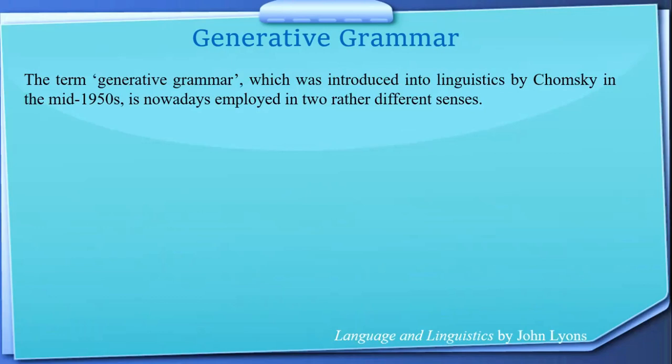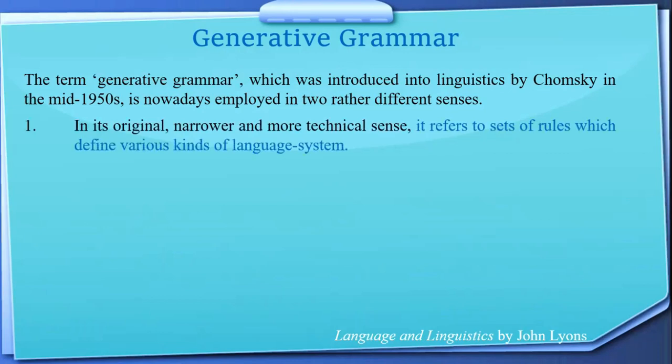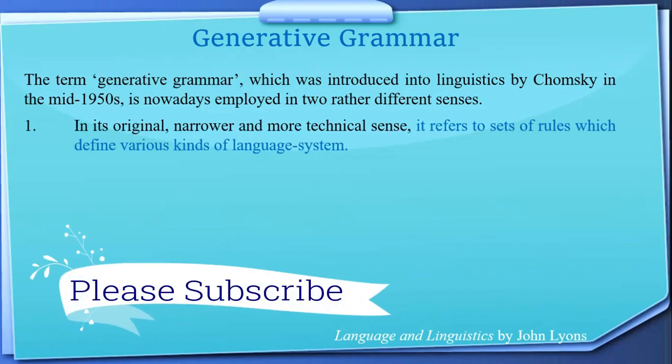Right now, it has two different ways of understanding. Number one, in its original narrower and more technical sense, generative grammar refers to sets of rules which define various kinds of language system.